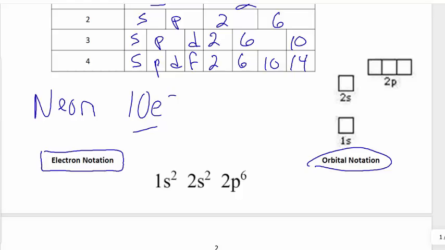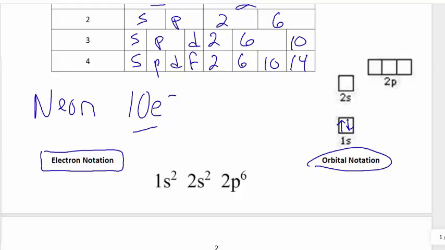And so the rule is the electrons are always going to fill the spaces close to the nucleus and move further out. So we're going to use arrows to represent the electrons for the orbital notation. So what we're going to do is we're going to do an arrow up and an arrow down in the 1s box. And then moving up represents occupying the electrons with slightly higher energy levels.